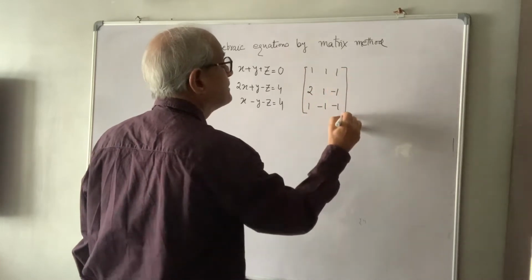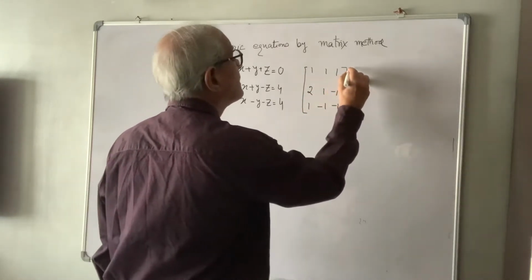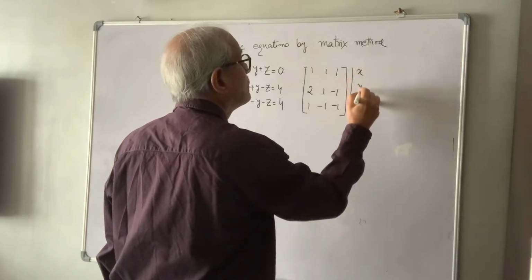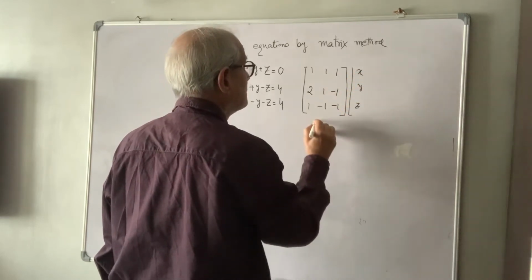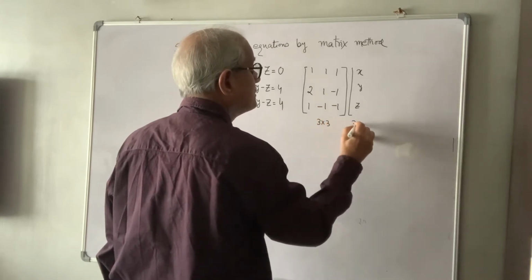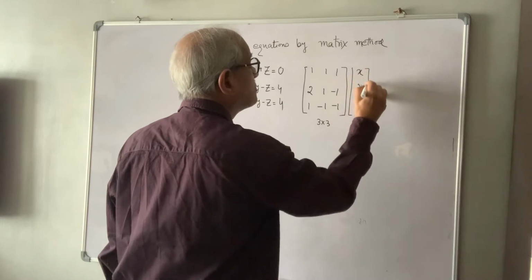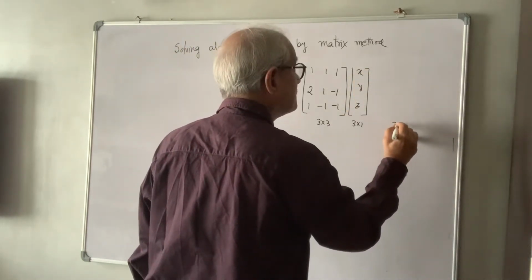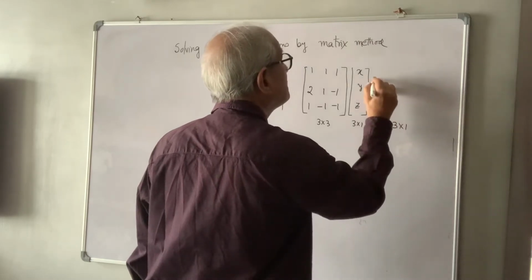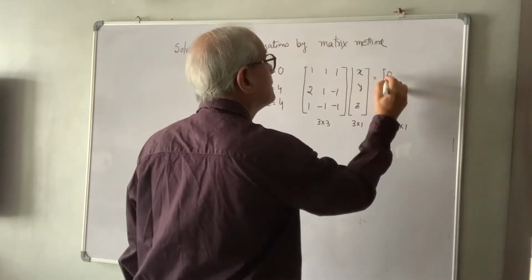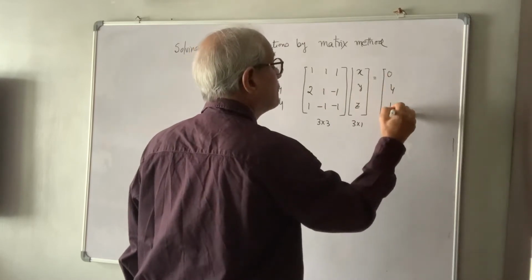This is a 3 by 3 square matrix, and this we can take x, y, z. So this is a 3 by 3 matrix. This is 3 by 1. So multiplication is possible, and the multiplied matrix will be 3 by 1. That is, there will be 3 rows and 1 column, and we put these values 0, 4, 4.